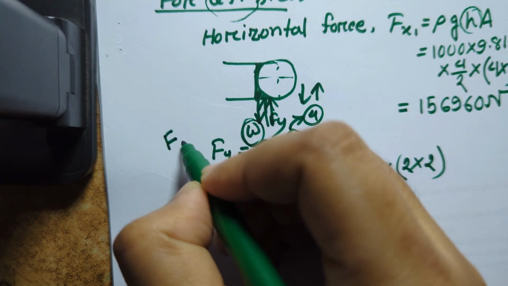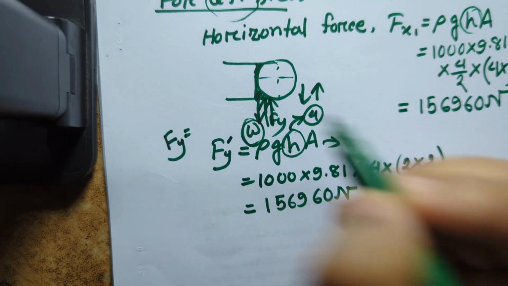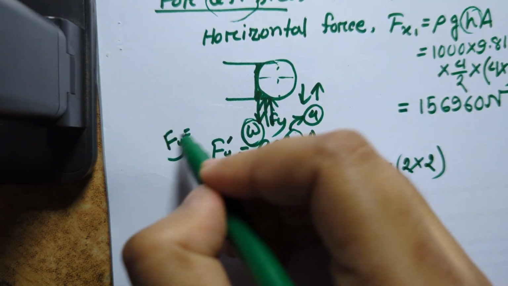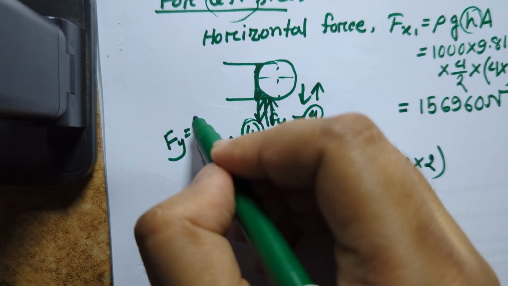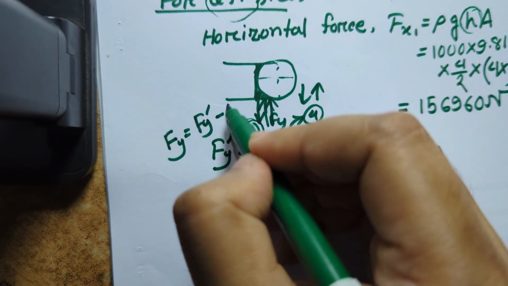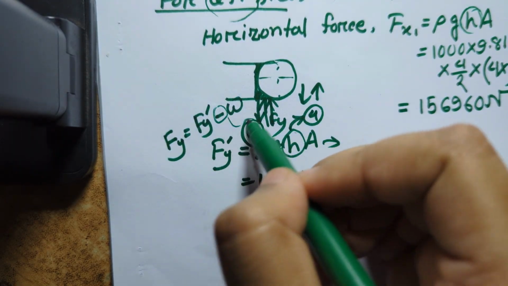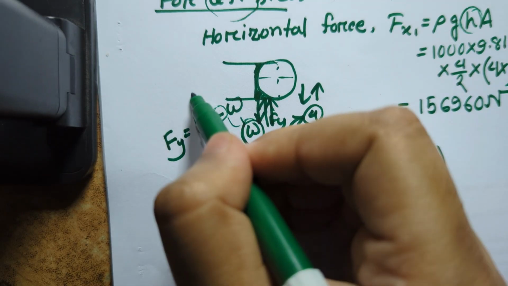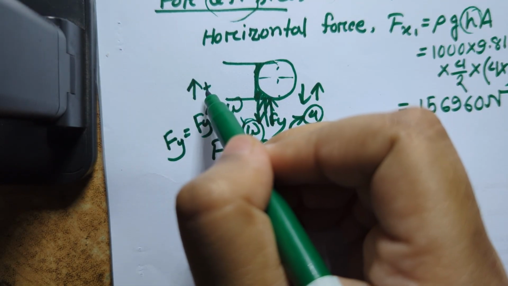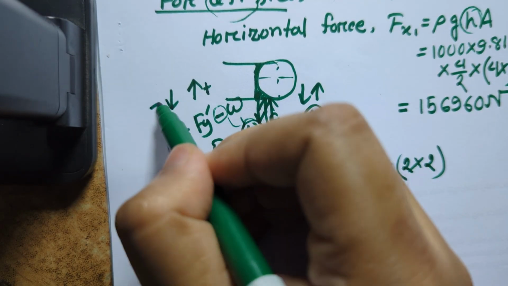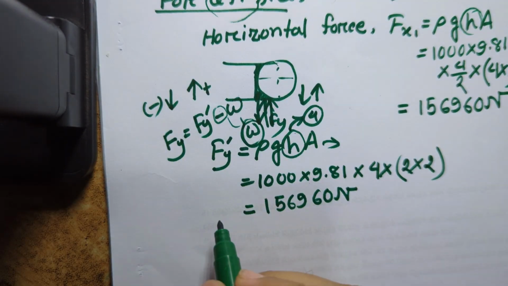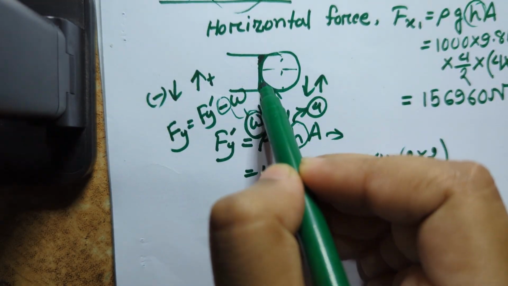Suppose this is the Fy prime we have measured, then the net vertical force will be Fy prime minus W. Why minus? Because they are in the opposite direction, and we took upward as positive and downward as negative. Let's find the weight of this and this fluid.